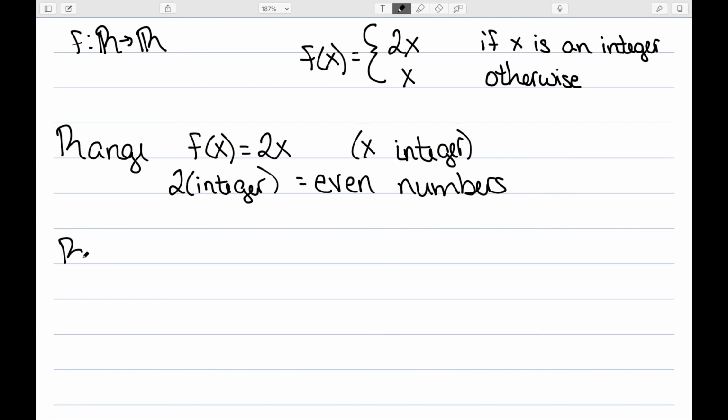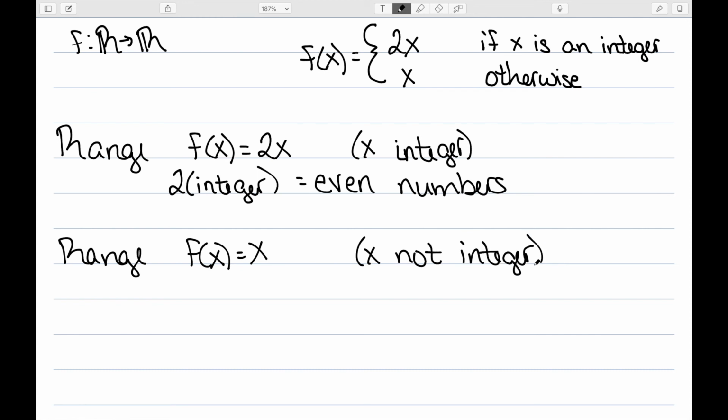What about the range of the second piece? So this, x is not an integer. So all elements that are not integers would be in the range, since any number that is not an integer would just output itself.